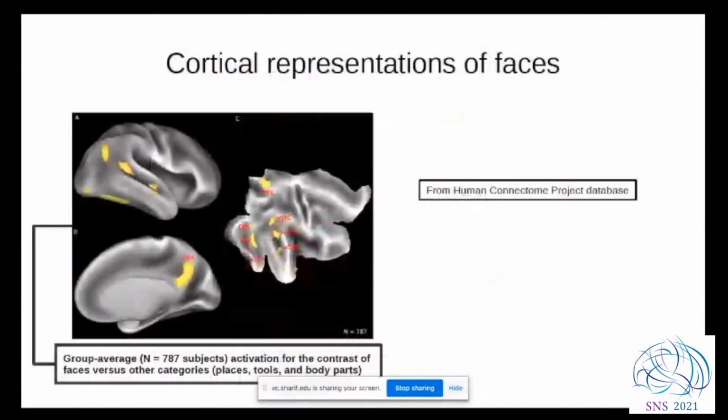Does this, first of all, have any homologue in monkey? And if it does, where is it? If it doesn't, why does this area all of a sudden appear in humans? Very, very interesting question. I actually communicated with Winrich Freiwald about this PCC region. First of all, there seem to be some debates whether there is even a PCC region in monkeys, or whether we have the homologue of human PCC in monkeys.